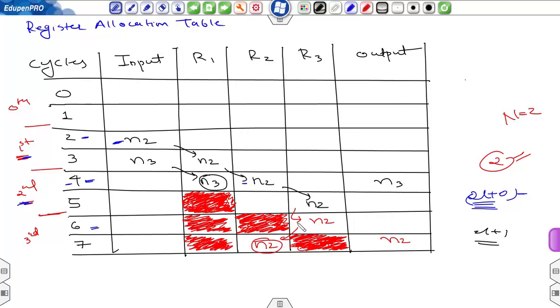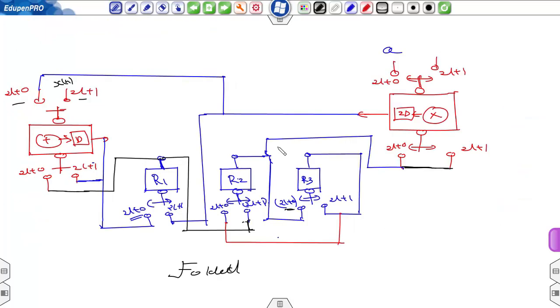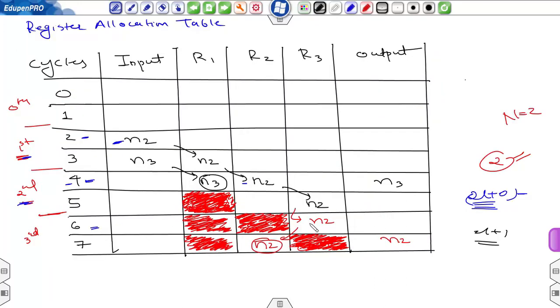in the next cycle. So the output of R3 should be connected to its own input at instance 12 plus 1. So its output is connected to its own input at instance 12 plus 1. And from R3, N2 is now shifted to R2 at instance 12 plus 0.